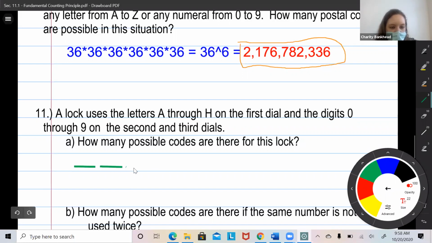So it's a 3-digit code, and we have 8 for that. And then for the second and third, it's anything from 0 to 9. So that's 10. And that's 10. So that's going to be 800.